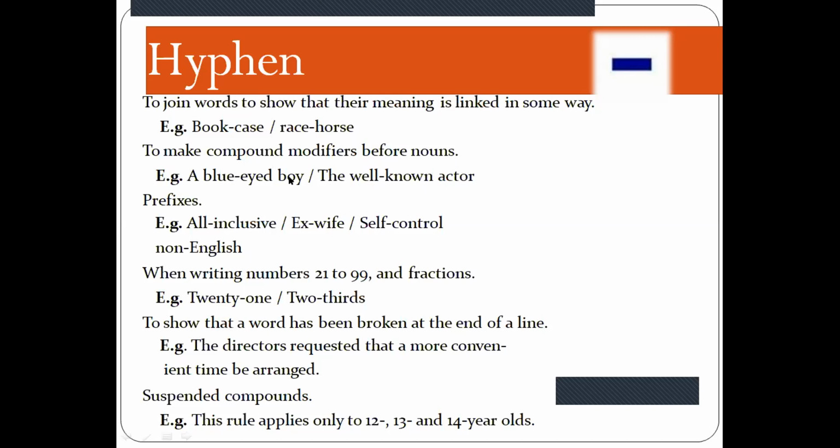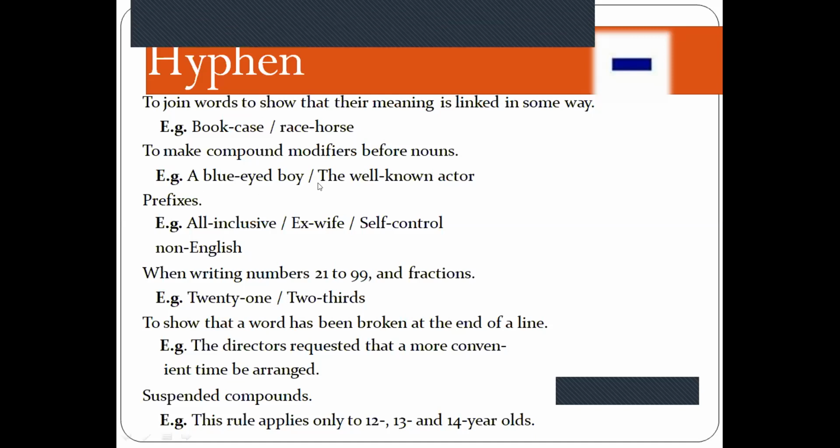The blue-eyed boys, these are compound modifiers: two words acting as an adjective. A blue-eyed boy, the well-known actor.